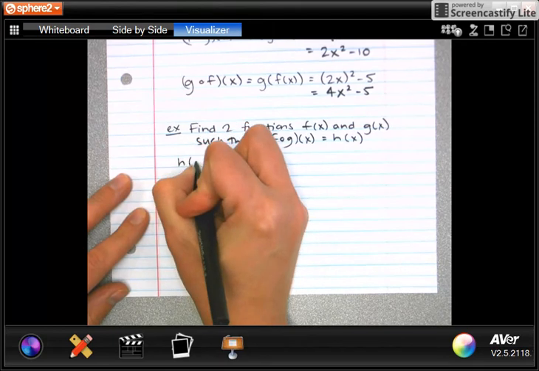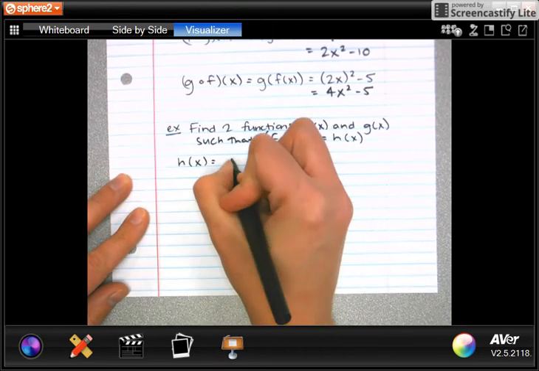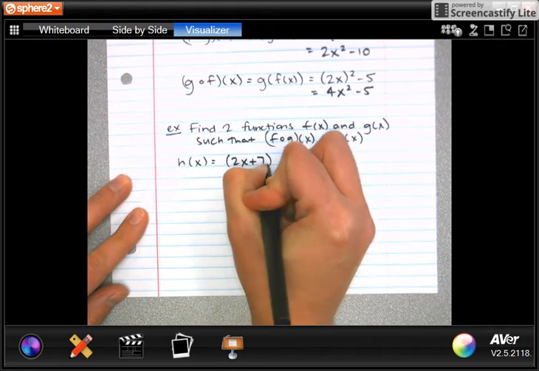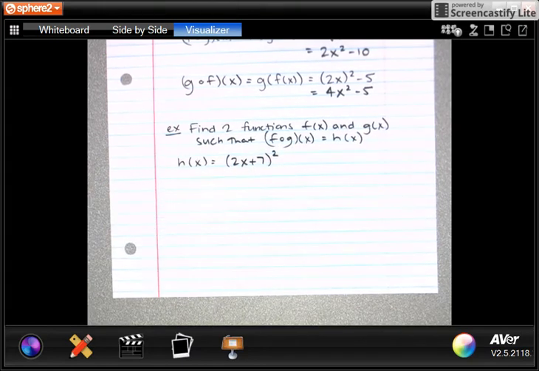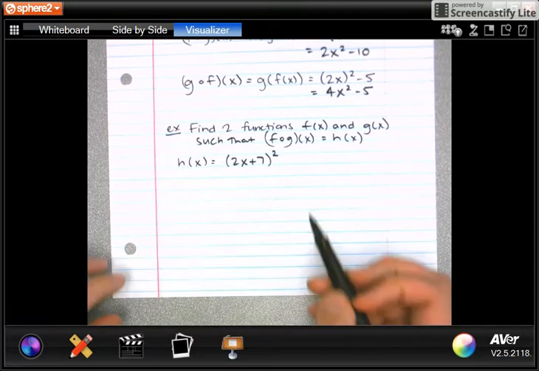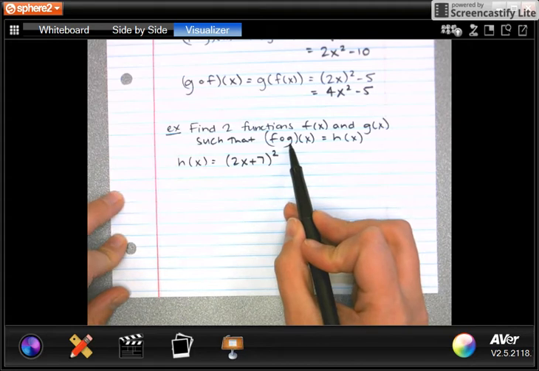So you're going to be given something like H of X is equal to (2X plus 7) quantity squared. So your job is to figure out the two functions, F and G, that have been composed to make this one. Whenever I'm looking here, G is the inside function.